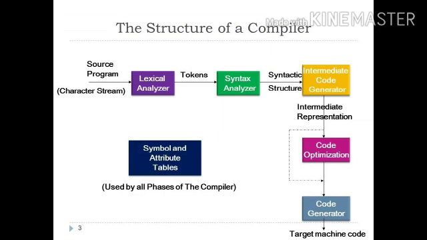Next, the intermediate code generator and code optimization, and the last one is the code generator. All these 5 phases are managed by the symbol table. And also, if an error occurs in any of the phases, the error handler will manage this error.